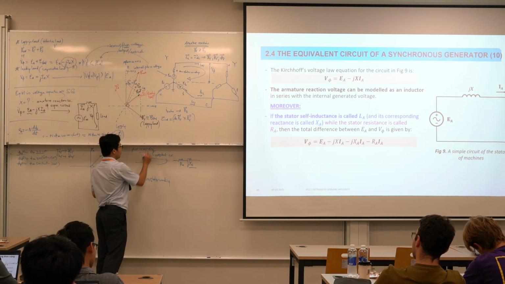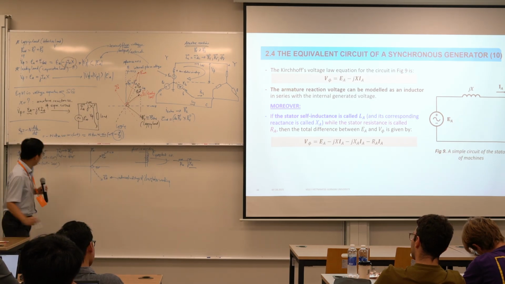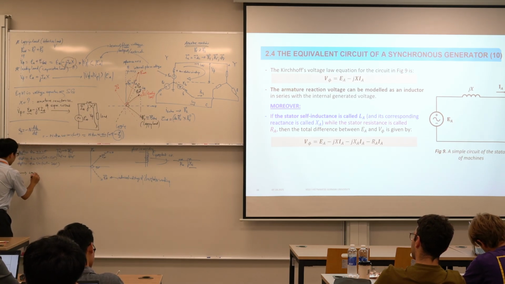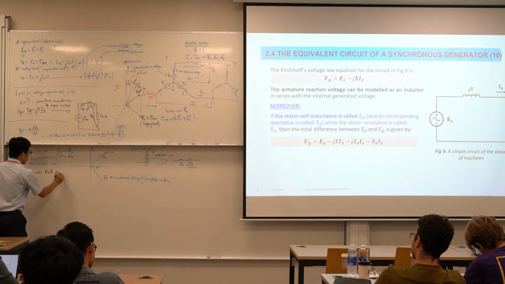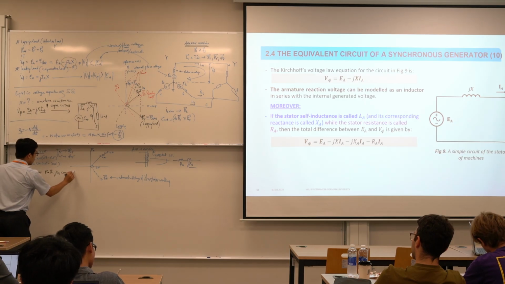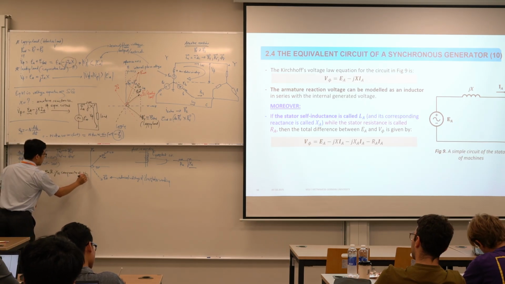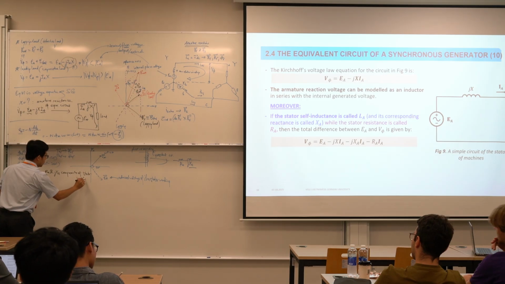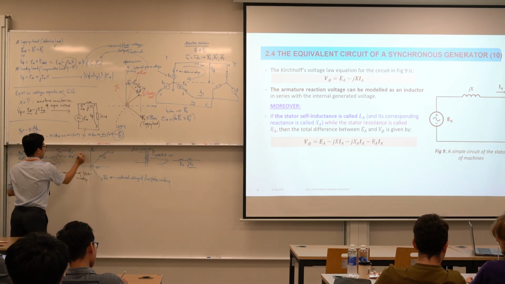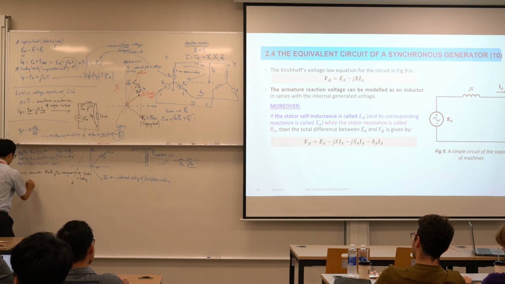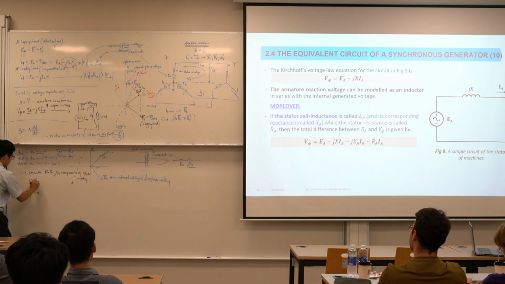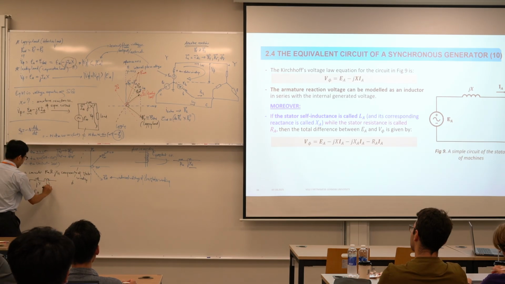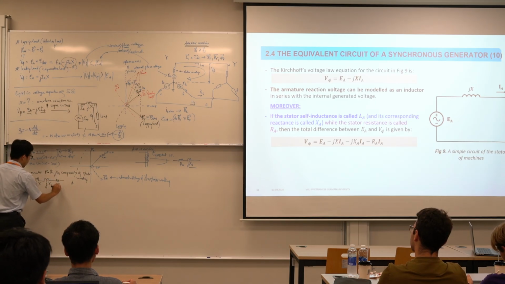So now if we consider the Ra and jXa component of stator winding, we can modify this circuit. Now we have EA, we have jX, we have jXa, we have Ra.